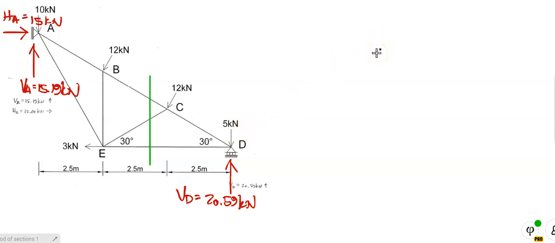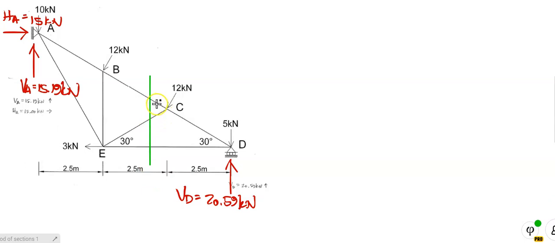Right, the next step in the procedure is we need to assume whether BC, CE and ED are in tension or compression. I'm going to assume that, if I'm looking at that there, BC is definitely going to be in compression.